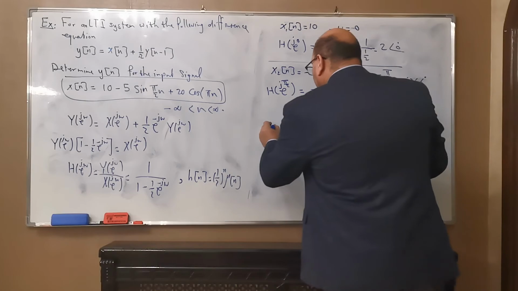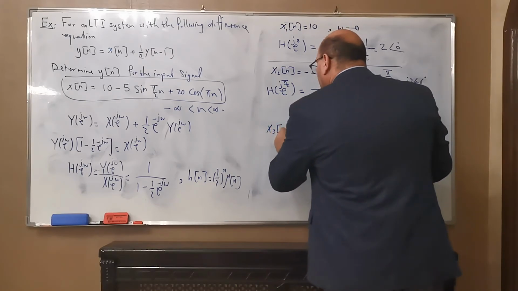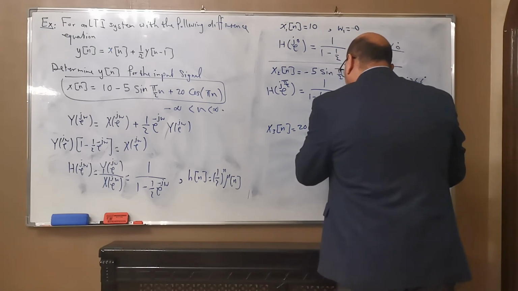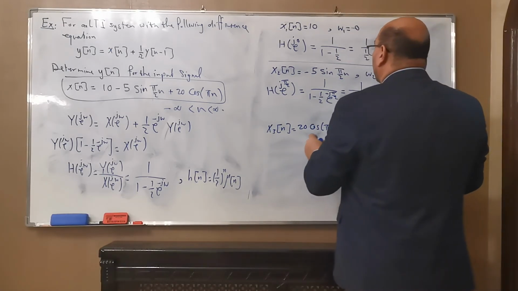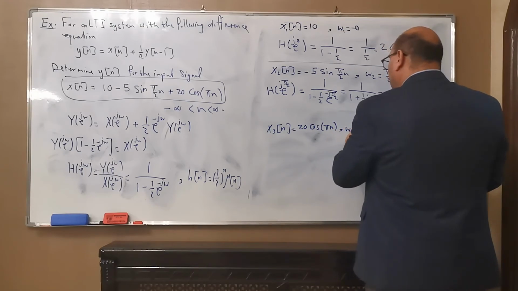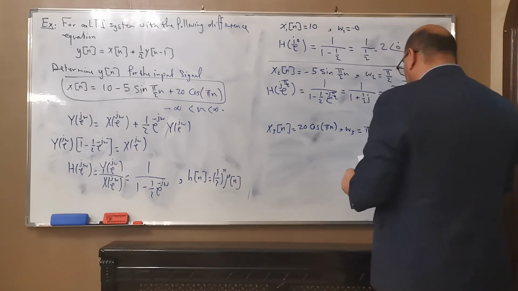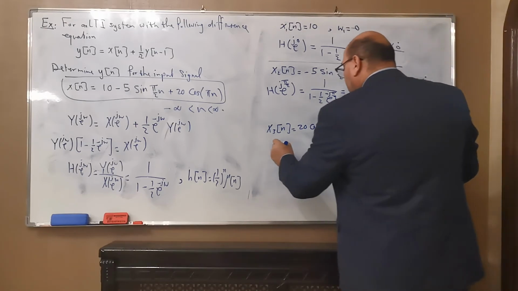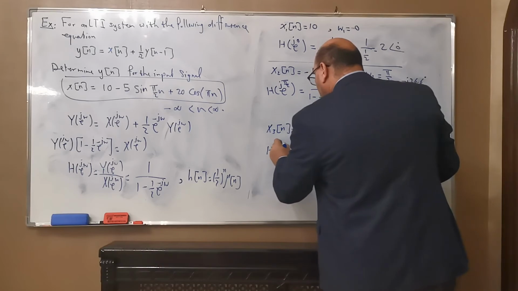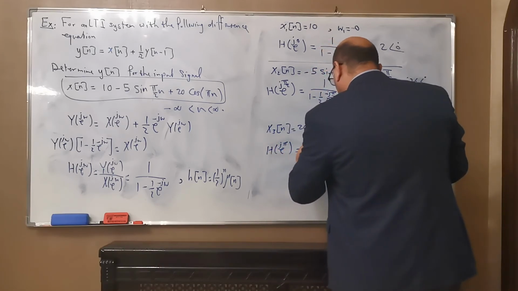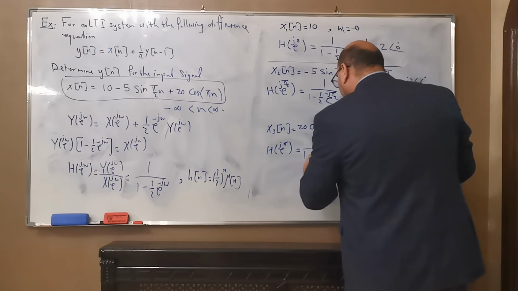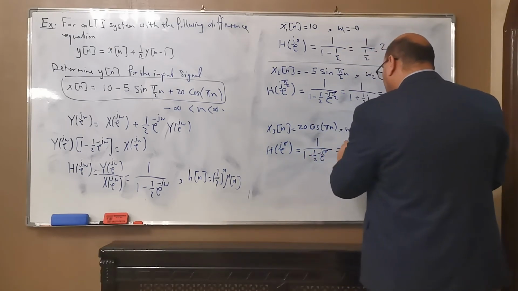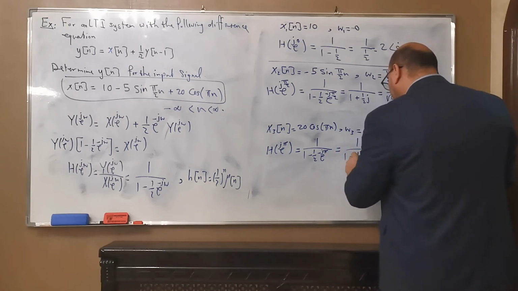Okay, the last one, x3[n], which is equal to 20 cos(πn), and here omega 3 is equal to π. Here H(e^jπ) equals 1 over (1 − 1/2 e^−jπ), and this equals 1 over (1 + 1/2).